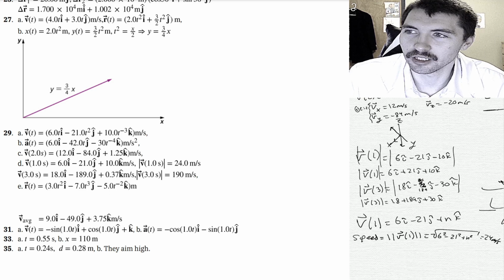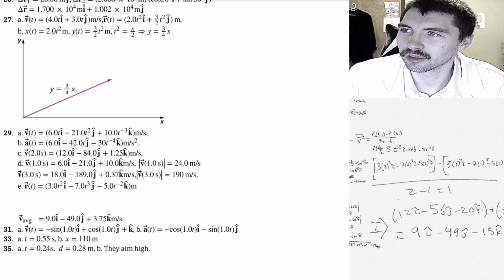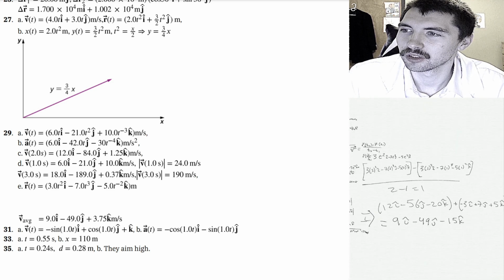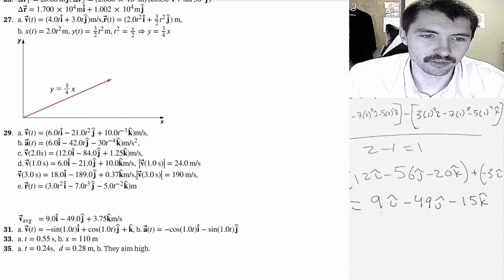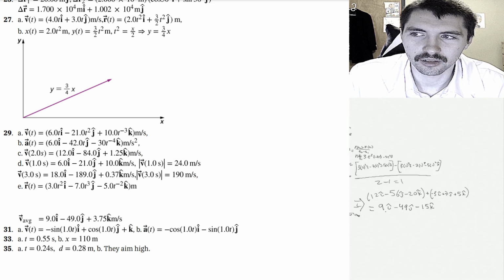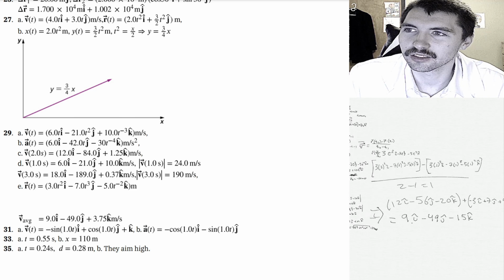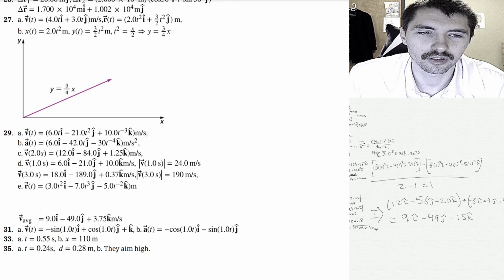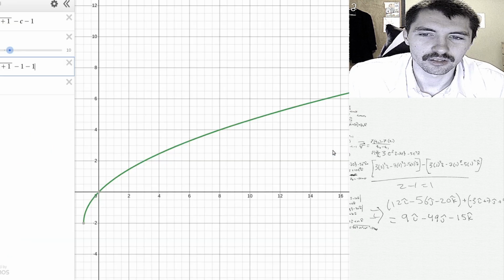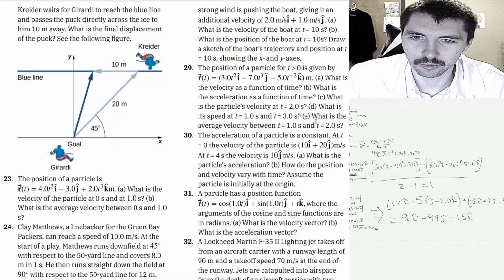Okay, so then what's the r(t)? Do we get r(t) close? We definitely should get these first two numbers, right? Didn't they ask for a position at t is 2 and 1?